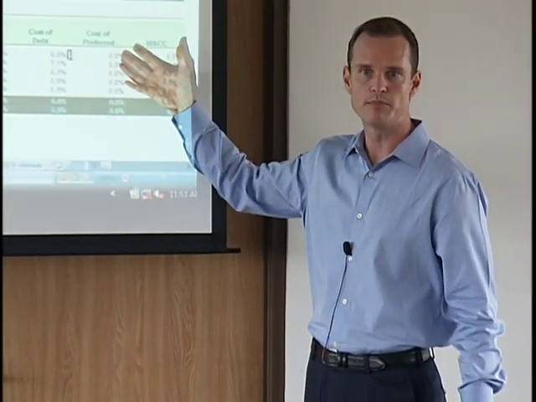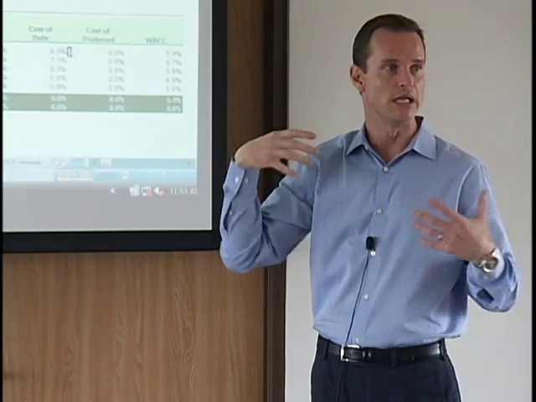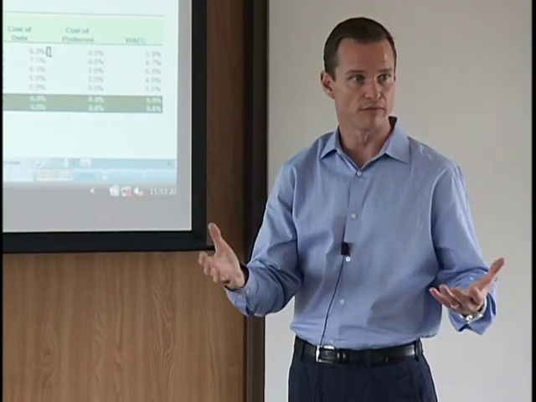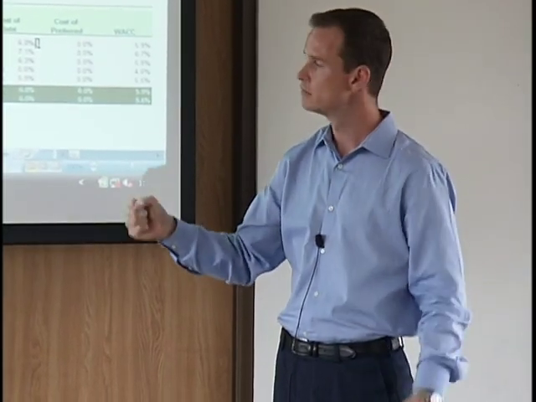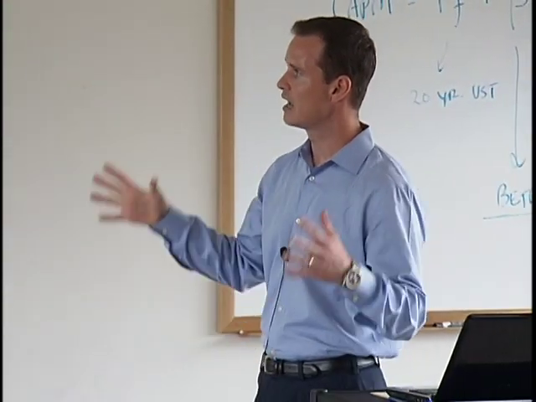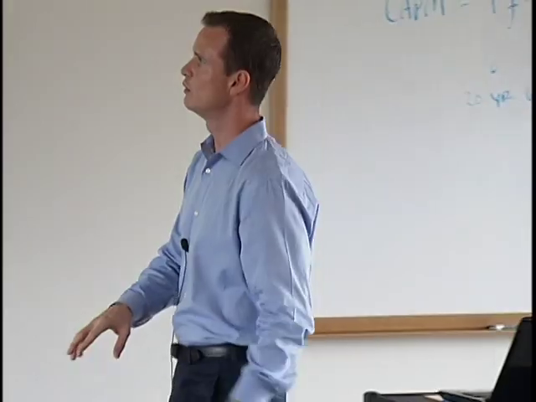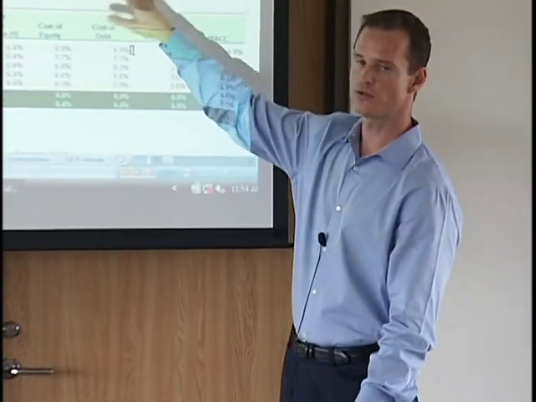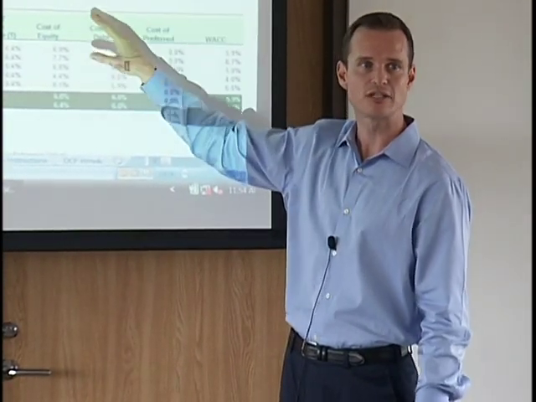Now that we've got cost of equity and cost of debt, cost of preferred in this case is 0 for each company. They don't have any preferred. If they did, it would be noted what the preferred rate of return is on that preferred stock, and we'd capture it here. But now that we have cost of debt and cost of equity, we've got the relative weightings in the capital structure up here. We've also got the tax rate.